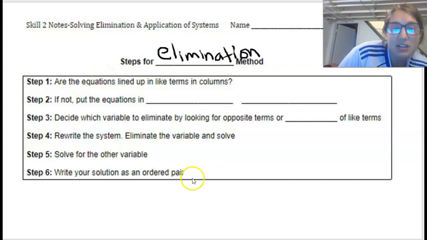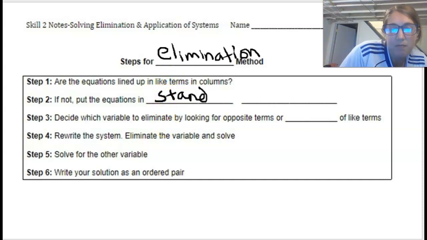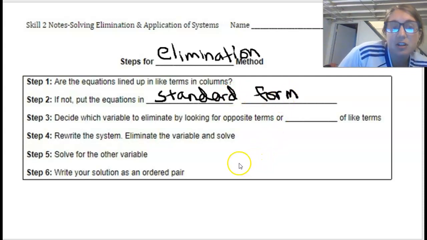Are the equations lined up in like terms and columns? If not, put the equation in standard form. So these are in the notes that you guys should be copying.